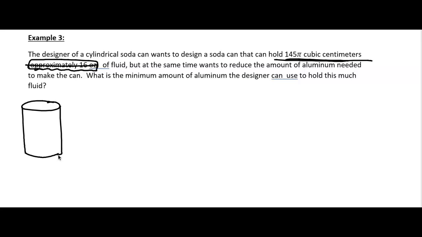Your homework problem that corresponds to this is going to be a little bit easier, but I just want to give you guys an extra example to look at. The reason this one's a little bit hard is because we're dealing with a cylinder, but on your homework you're dealing with a cube. Cubes are much simpler than cylinders. But here we go. So what is my primary equation here?